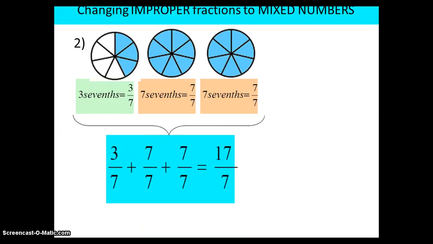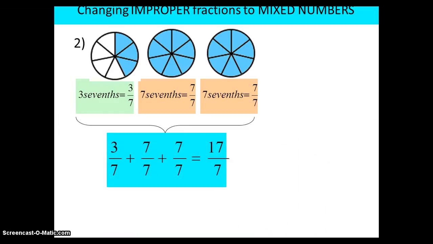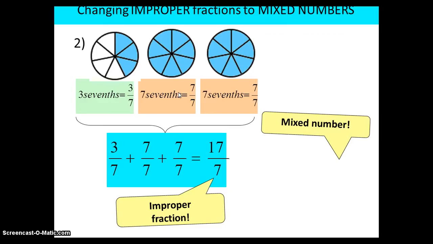So the improper fraction is 17/7. As you know, 7/7 is 1 whole. So in mixed number, we have 3/7 plus 1 whole plus 1 whole, a total of 2 wholes and 3/7, which is a mixed number.